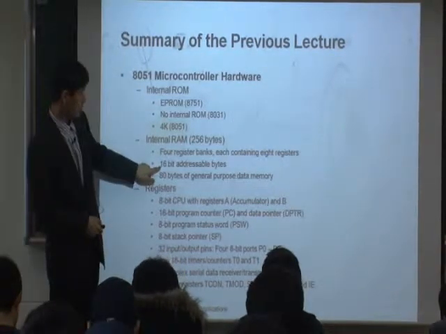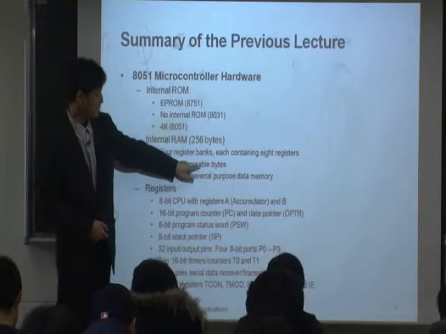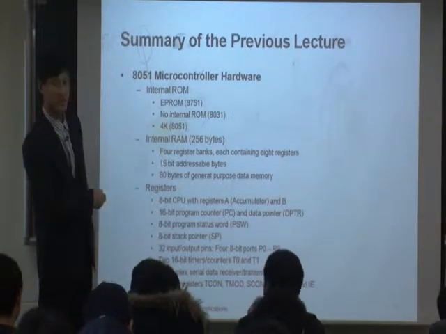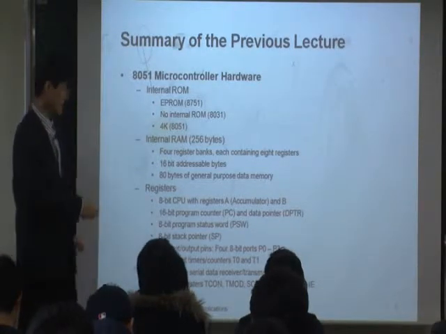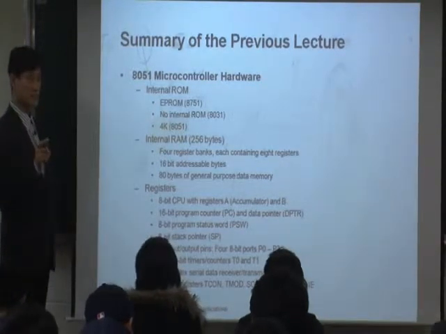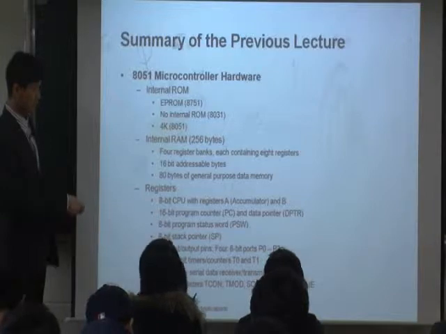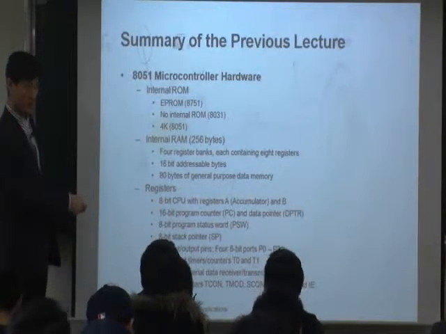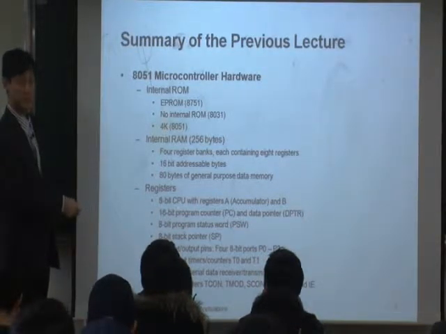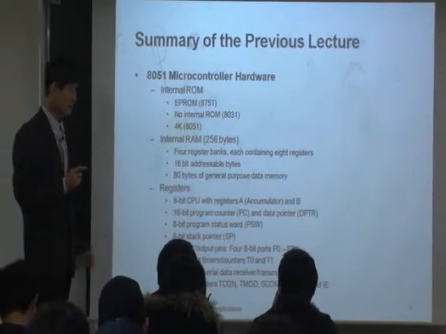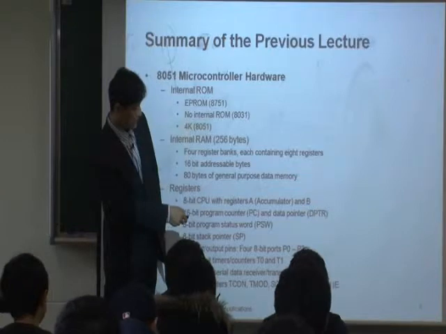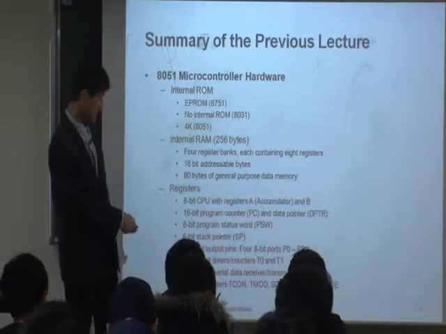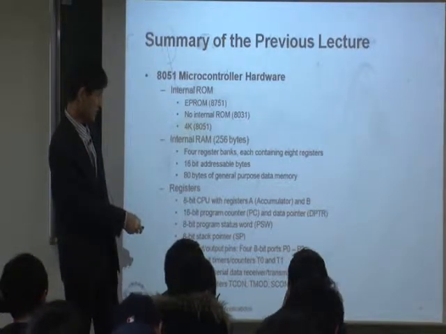So we see here we have 16-bit addressable bytes. So we have a 16-bit address, but each data is 8-bit. This explains why we have some registers 8-bit, some other registers 16-bit. Okay, this is why. Here, let's see. We have accumulator and we have B, and we also have other registers, right?